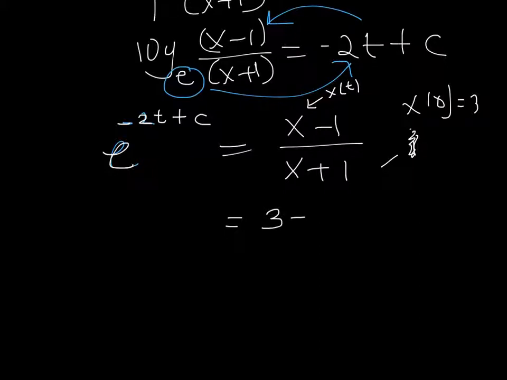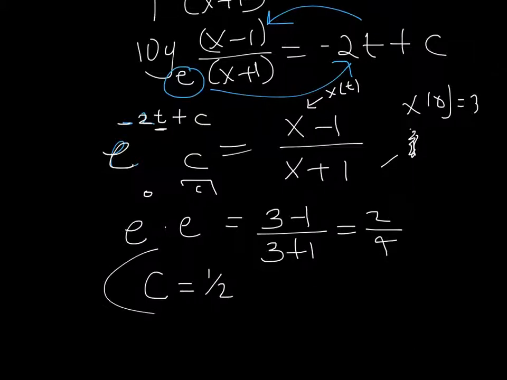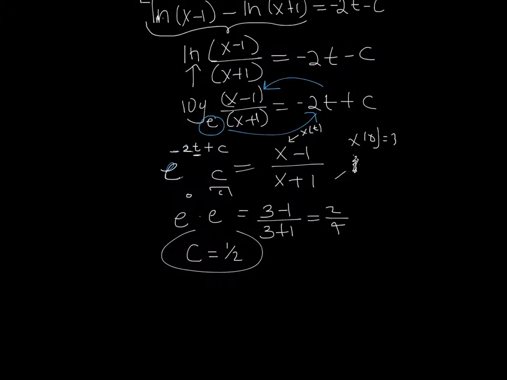So that's really 3 minus 1 over 3 plus 1. This is 0, so this is nice. And this really means this, or this. And that's just 1 times c. c is 2/4 or a half. Okay, perfect. We found our c.